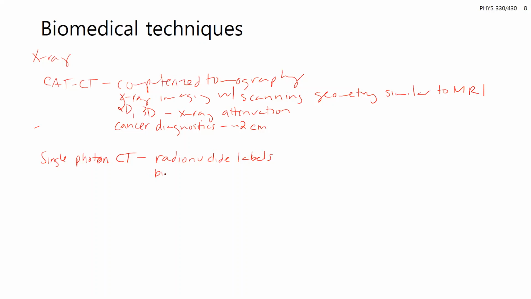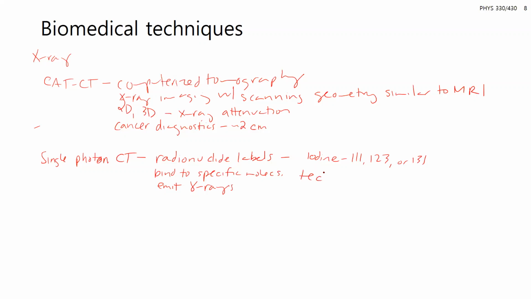And those will target and bind to specific molecules in the body, and it will emit gamma rays. So the radionucleotide labels that you would introduce would be iodine 111, 123, or 131.